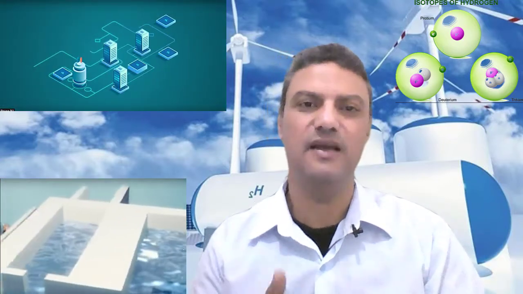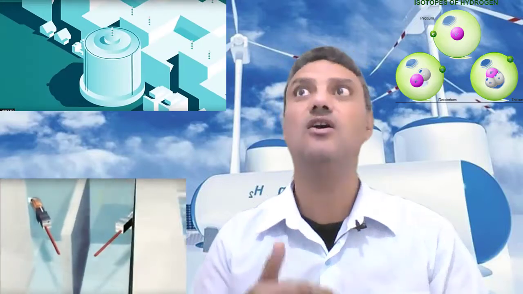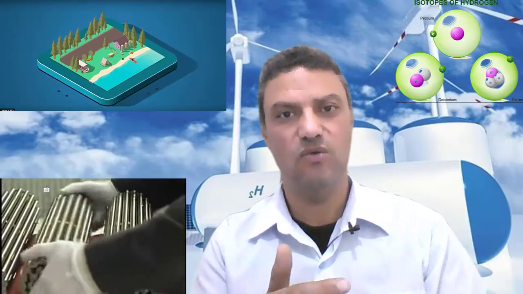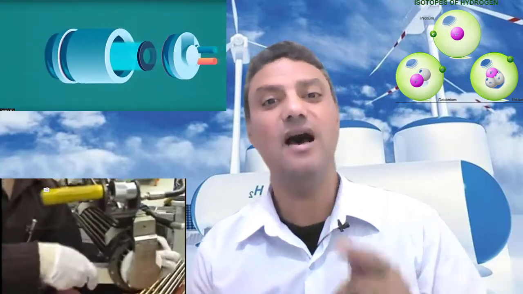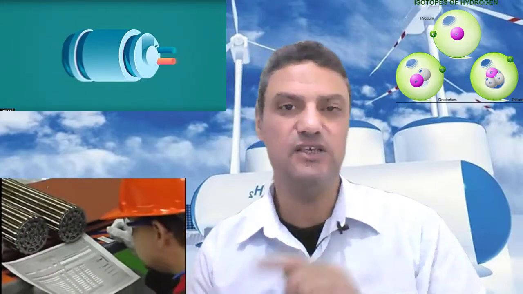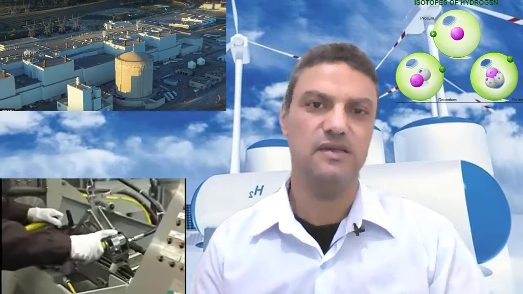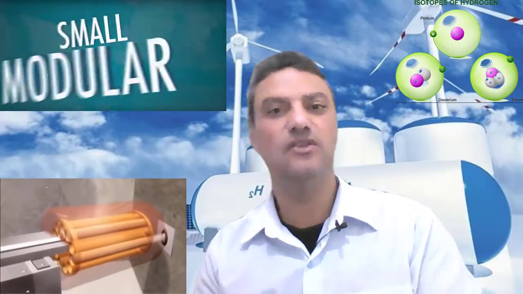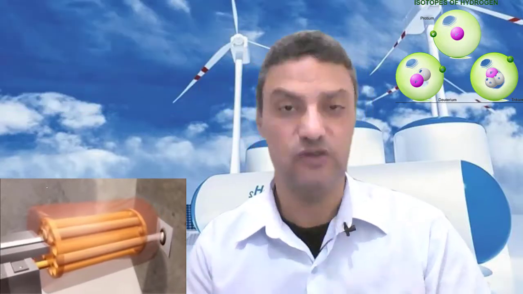So after commissioning and installation, modification, change, or maintenance will be easy, as well as decommissioning and disassembly of the reactor itself, where the components can be simply assembled and disassembled after commissioning and decommissioning of the reactor.